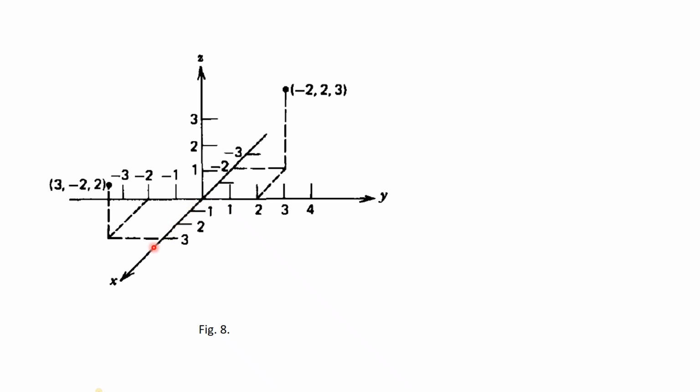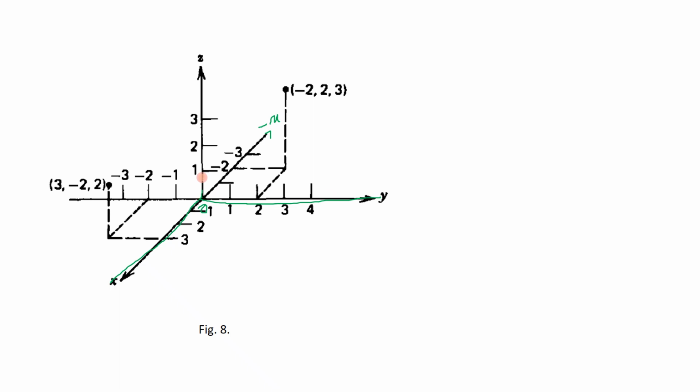The x-axis is towards you, the y-axis is towards the right hand side, and the z-axis is upwards. If you extend backwards from the origin, you will have the minus x-axis.